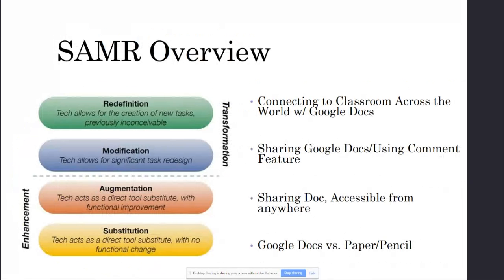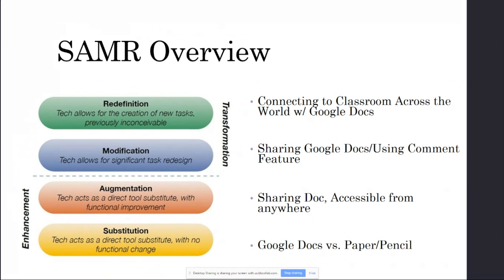SAMR, on the other hand, is a little bit easier to understand, and that's why many K-12 educators are more familiar with it. Those are the examples on the right. And remember, we mentioned that the substitution and augmentation levels of technology integration tend to have more of an impact on teachers' efficiency and effectiveness rather than on student learning.